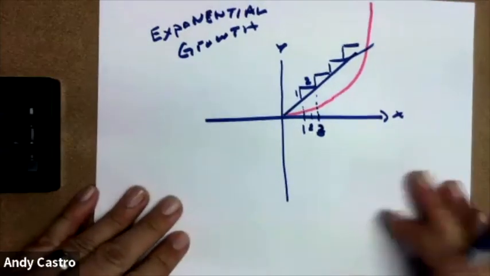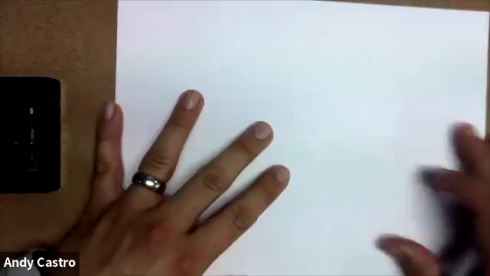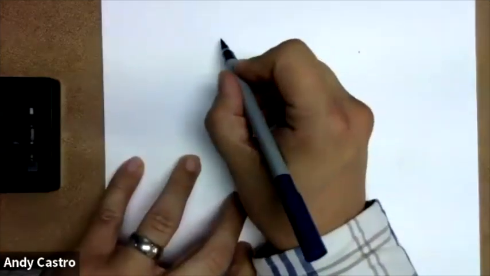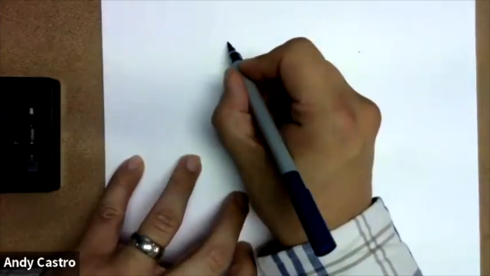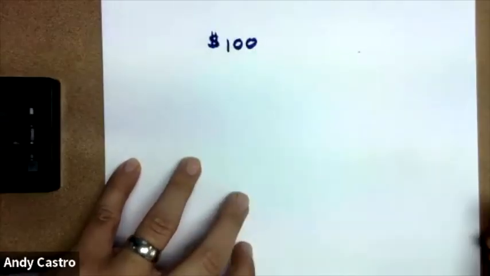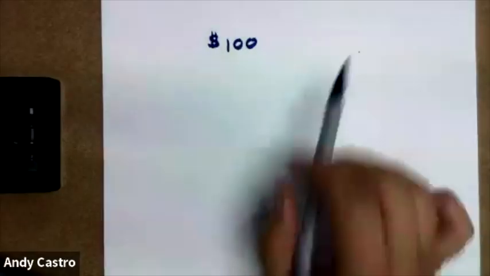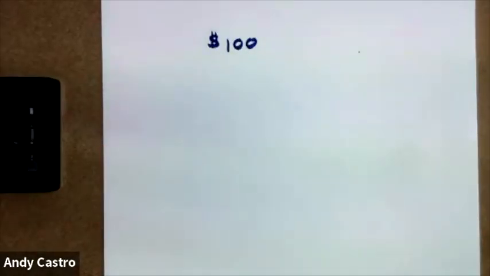Okay, so let's take a real practical example that all of us will engage in. Let's say that you are able to save some money. Let's say you went and you made $100 mowing a few lawns. And you say, you know what? I'm going to take that $100 and I'm going to invest it in, let's say, the bank.